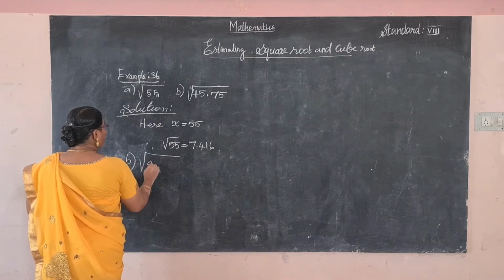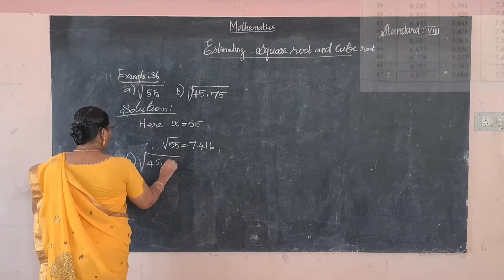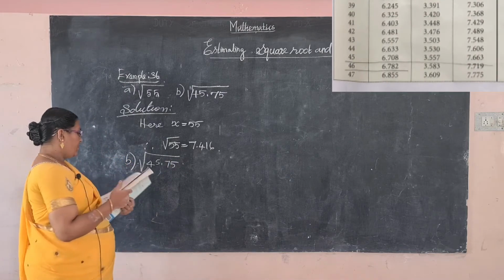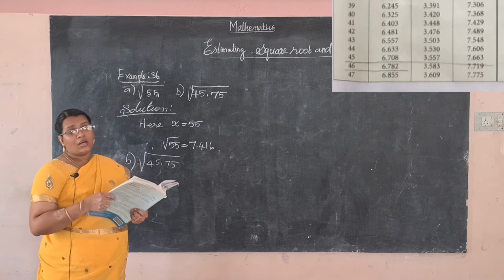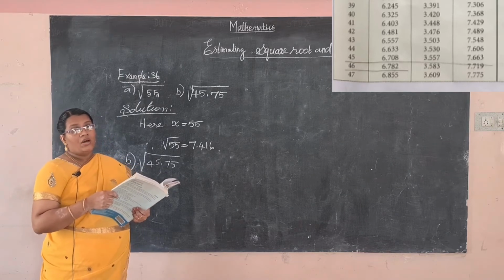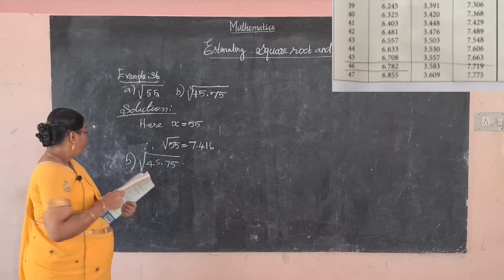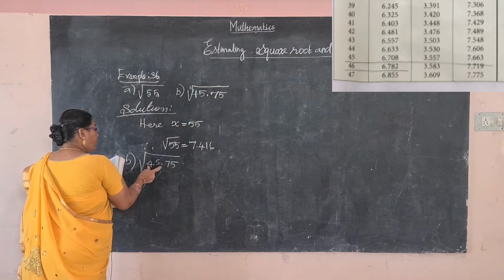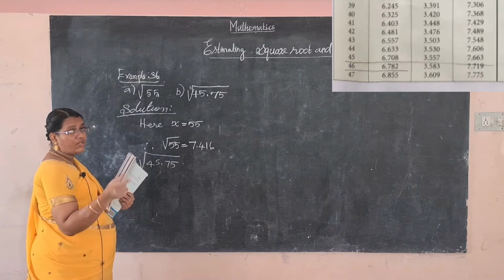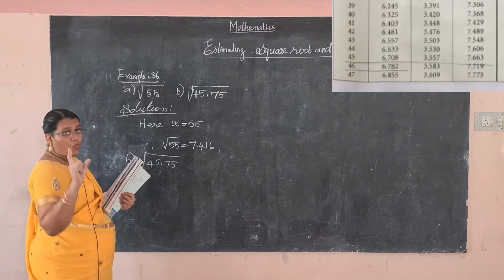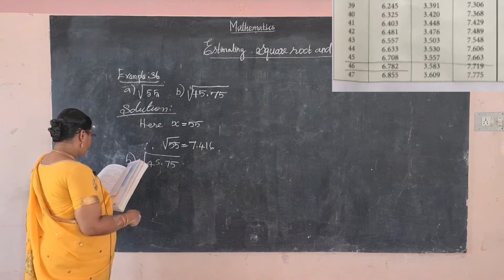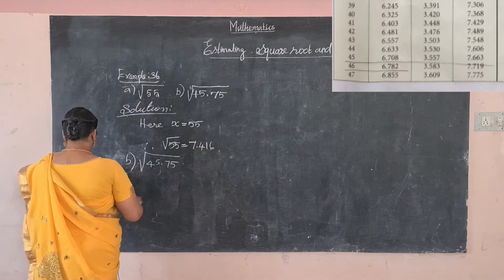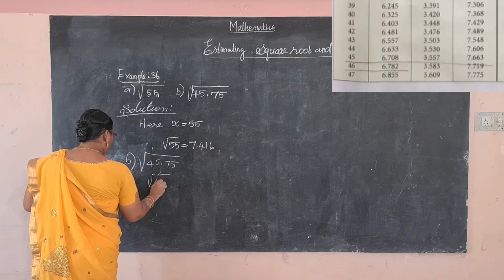Square root of 45.75 is given. In this case we find the approximate difference of 1, the difference between 45 and 46. So you have to find the square root of 45.